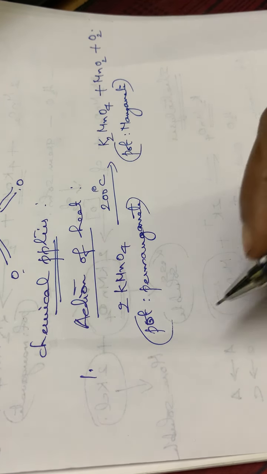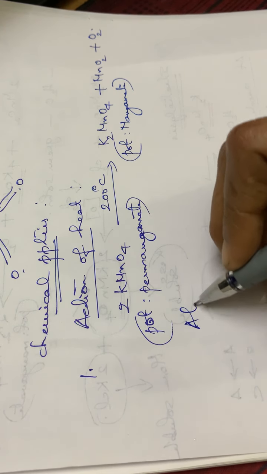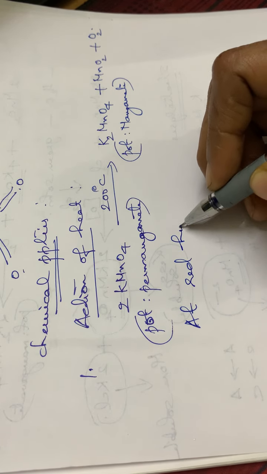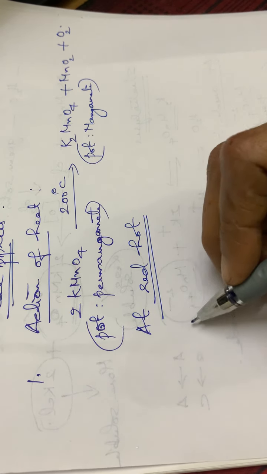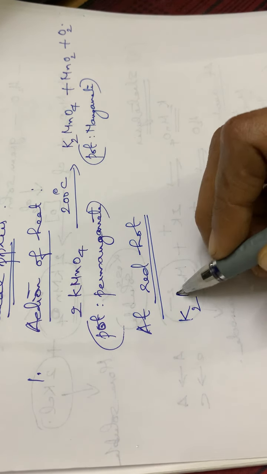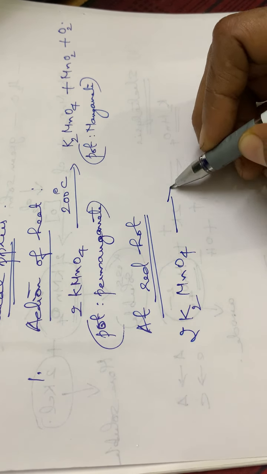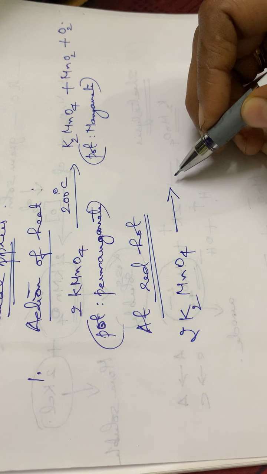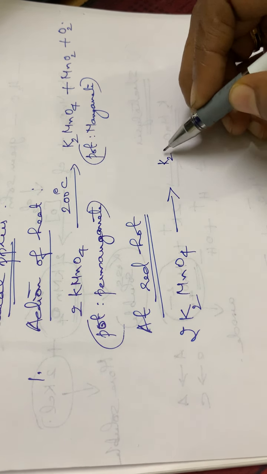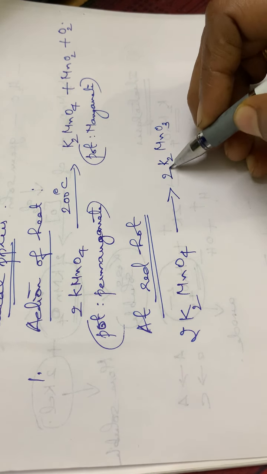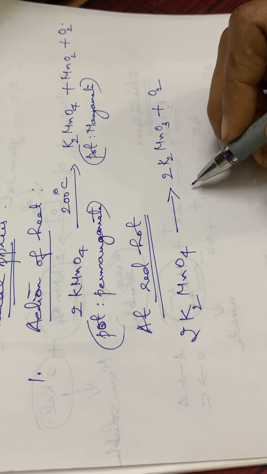Okay, then again on further heating, that means on heating to red hot, that is again we are increasing the temperature. That means while increasing the temperature, this K2MnO4, that means this potassium manganate, 2 molecules, it is again decomposed to give K2MnO3, again 2 molecules of K2MnO3 plus oxygen.